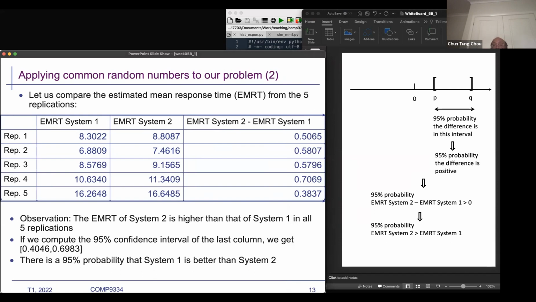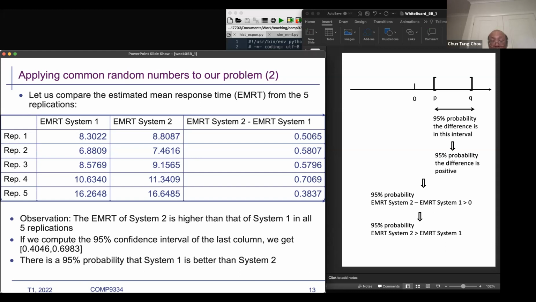So what this is telling you is that it's possible to use simulation to compare two systems, but it's important that you do your simulations in the correct way. Sometimes certain systems are hard to compare.